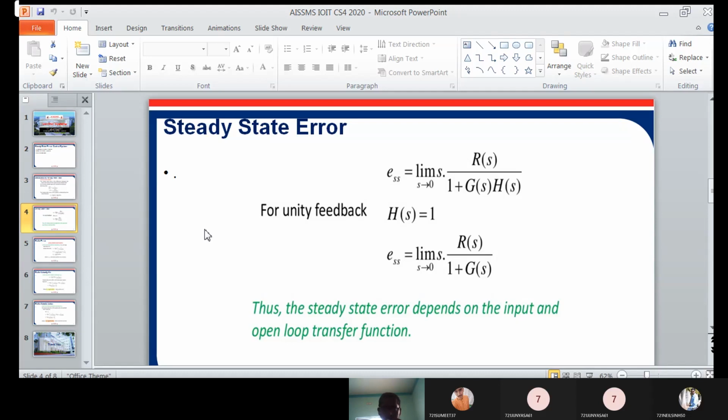If the feedback is 1, that is H(s) equal to 1, then the formula reduces to limit s tends to 0 of s multiplied with R(s) divided by 1 plus G(s). That steady state error depends on the input and the open loop transfer function.